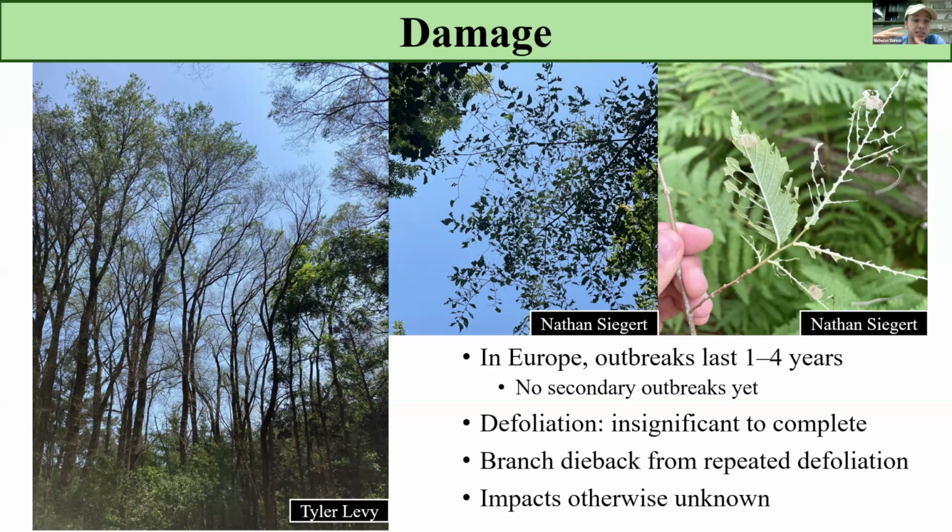Because this species has multiple generations, they will just fly onto those new leaves and lay eggs and strip them back all the way as well. This hasn't been linked to any tree mortality across its range, either in Europe or North America, but branch dieback has been seen in several places. North Carolina, and I've seen a little in New York as well.